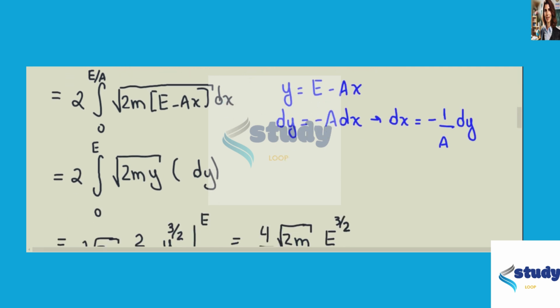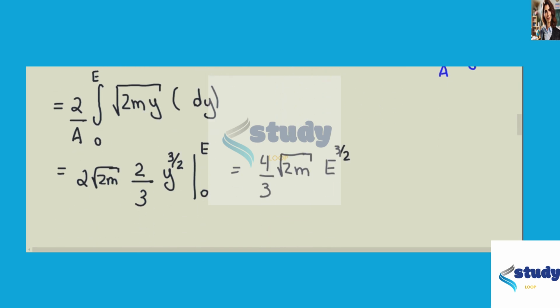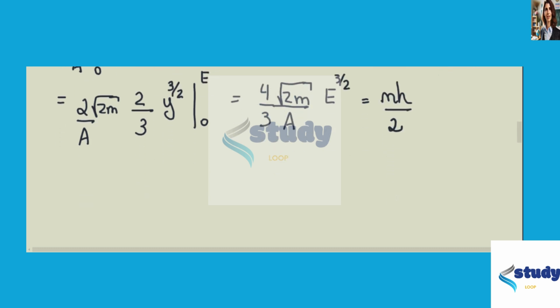And also there should be an over A here. I forgot to add that. I'm sorry. Okay, now everything's correct, and this is equal to nh divided by 2.